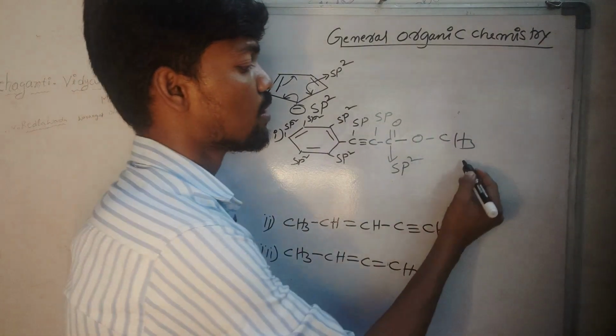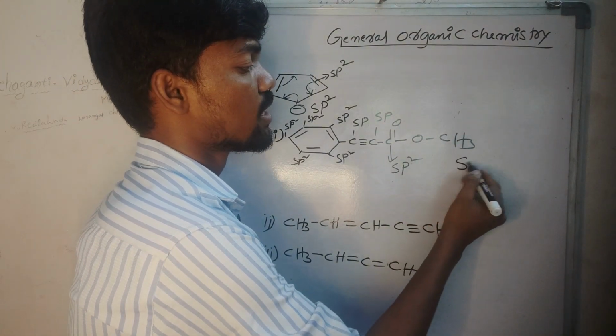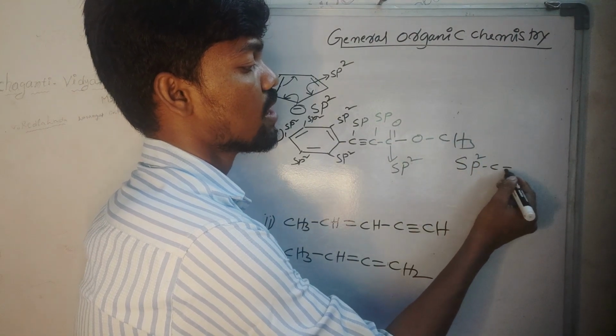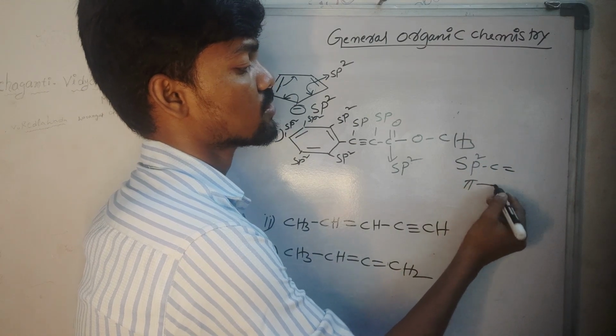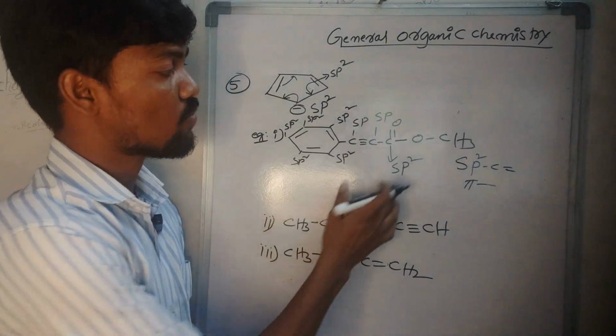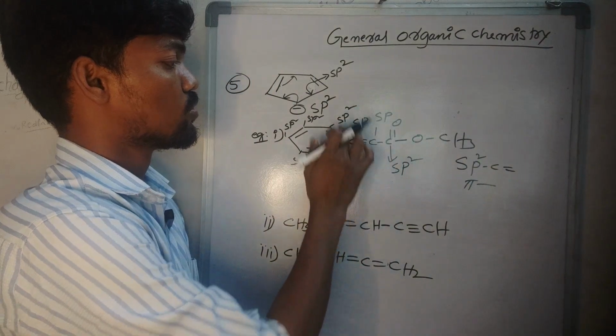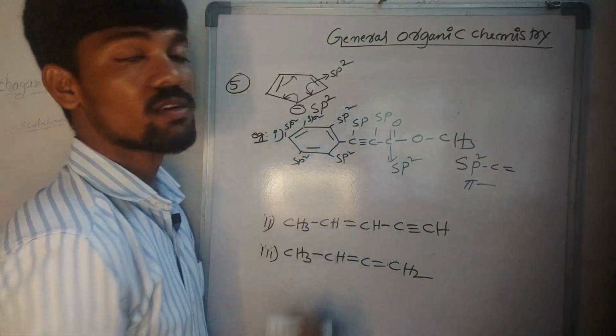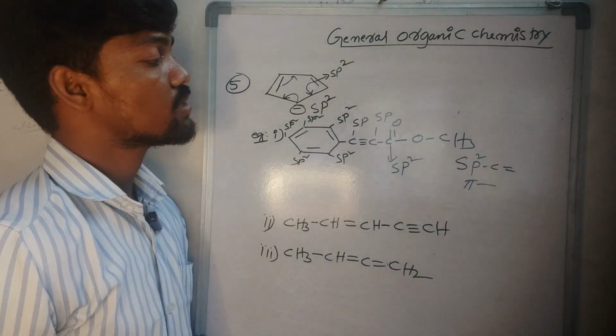Now tell me the number of sp2 carbons and the number of pi bonds. sp2 carbons: 1 2 3 4 5 6, 6 will be sp2 carbons. Pi bonds, how many are there? 1, 2 3 4 5 6. 6 are there.